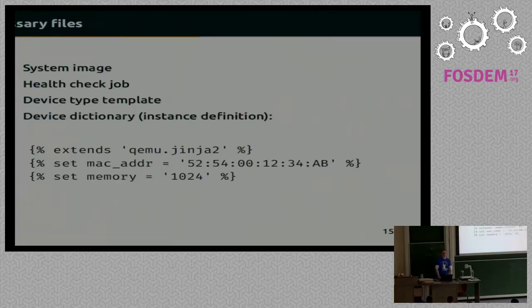And actually, the only file that you would need to set up is a device dictionary, which serves as a definition of the instance of your device. And for QEMU, it's just the 3 lines you see on the bottom, which only give you info on which device template should be in use, assign a MAC address, and set the available memory.